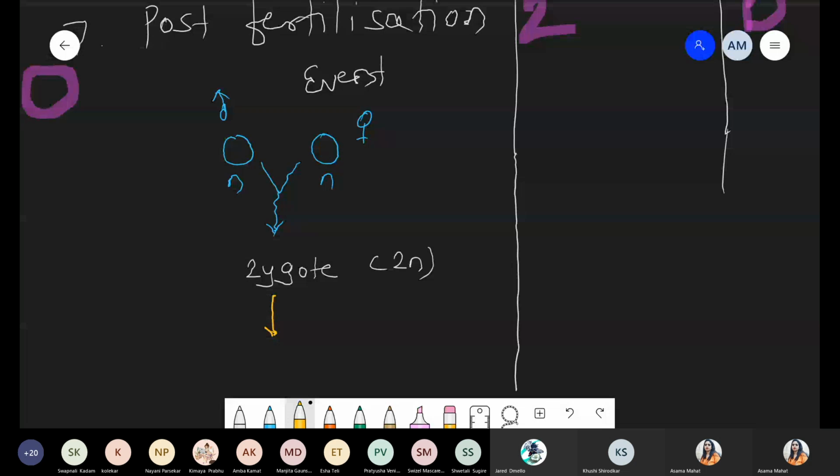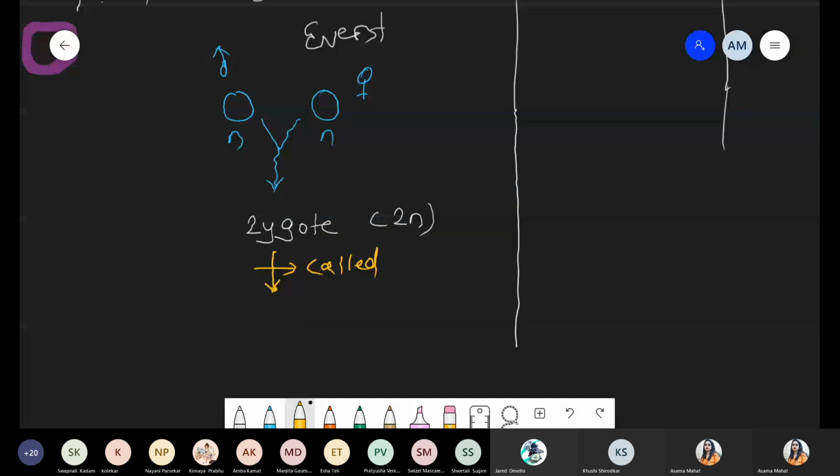And what kind of unique name? This zygote is called the oospore. Zygote, these are called the oospore, which is diploid in nature. Okay, oospore, remember this point. The wall of the oospore consists of a thin wall.